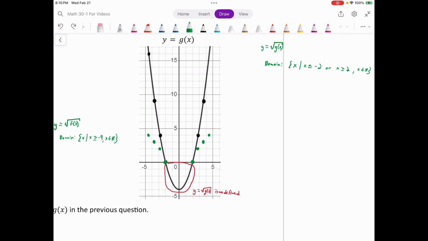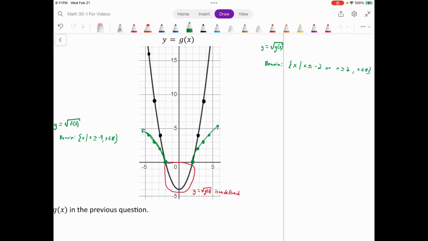Somewhere around there. Okay, and we can kind of start to see the shape here. It's looking something like this. Not perfect, but you get the idea.